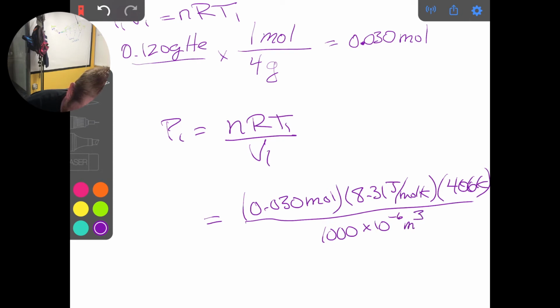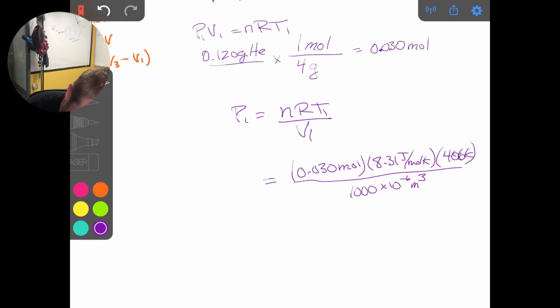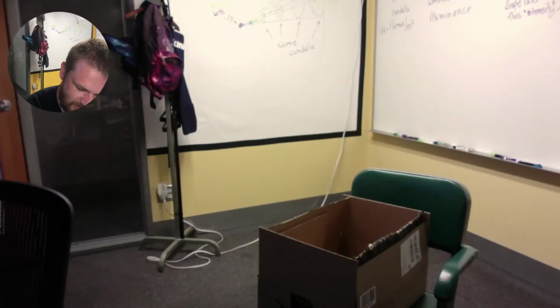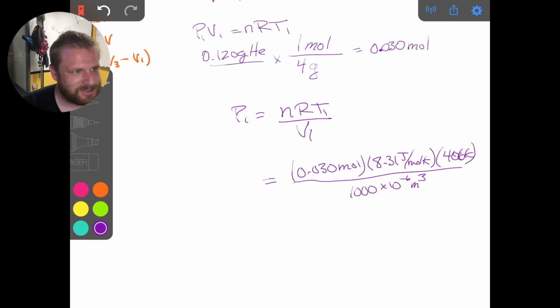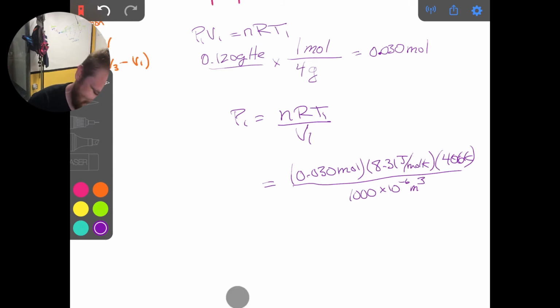So now we have SI units for everything, so we can just punch this into our calculator. And when we do that, we get 0.03 times 8.31 times 406 divided by 1,000 e to the minus 6. 101,216 pascals.